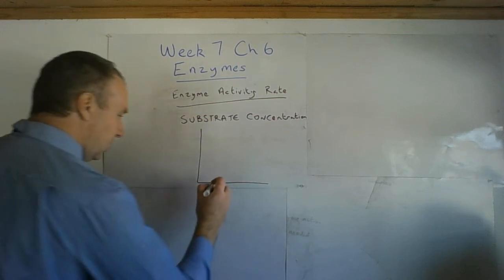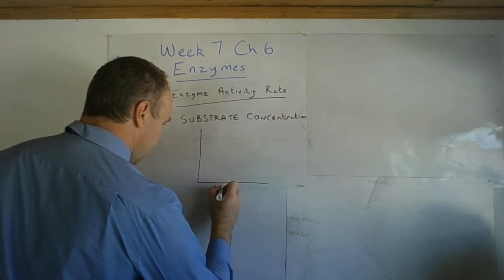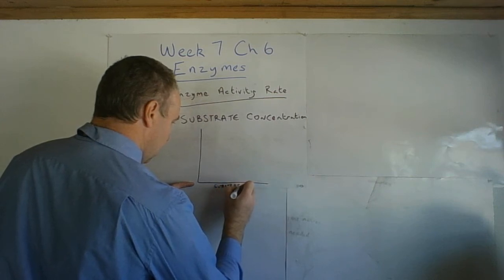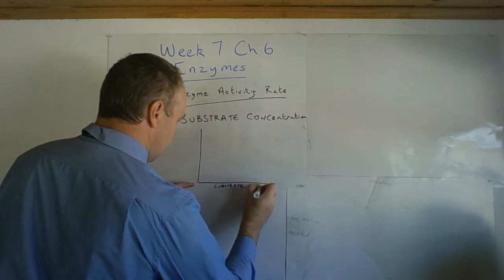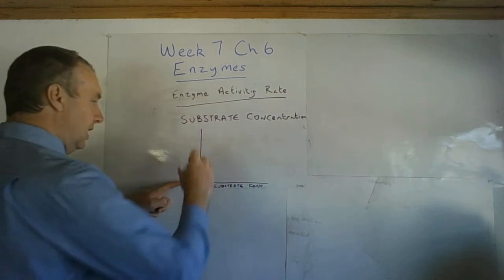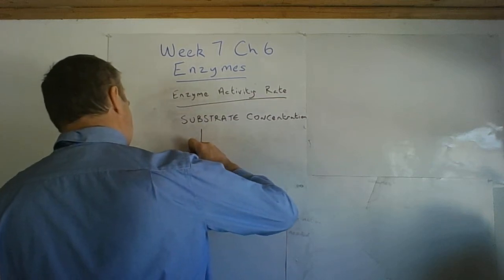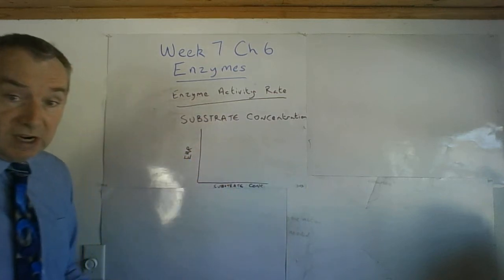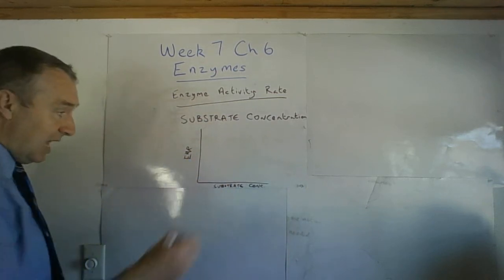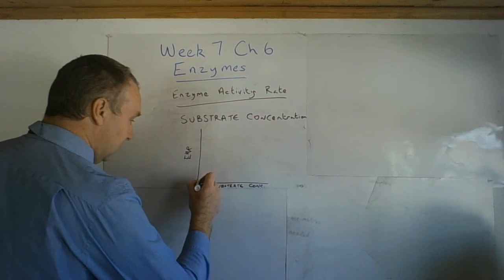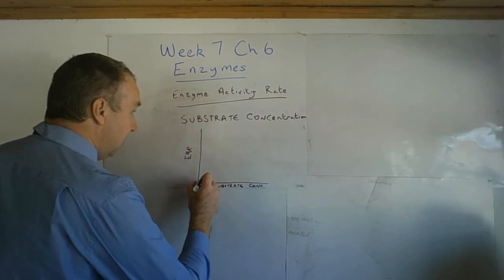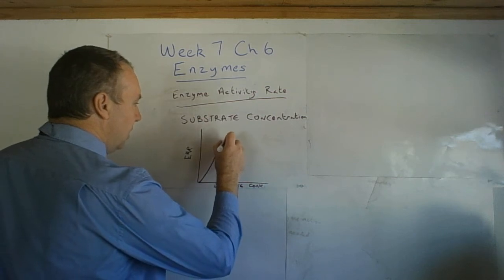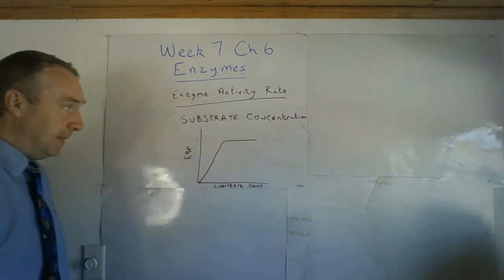Substrate concentration, we would label here. And we would label the enzyme activity rate over here. We're just putting EAR for short. And what happens is, as the substrate concentration increases, so does the enzyme activity rate, until we get to a point at which it flattens out completely.